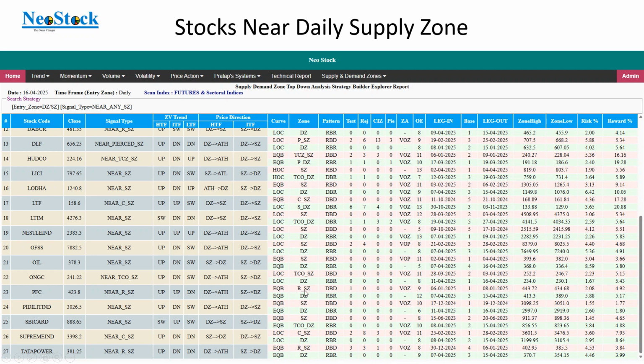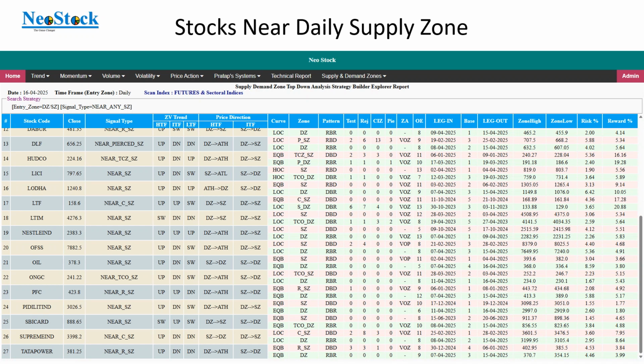Fifth one, PFC, Power Finance Corporation. Sixth, Supreme Industries. Seventh, Tata Power. So in total we got 27 stocks near the daily supply zone.